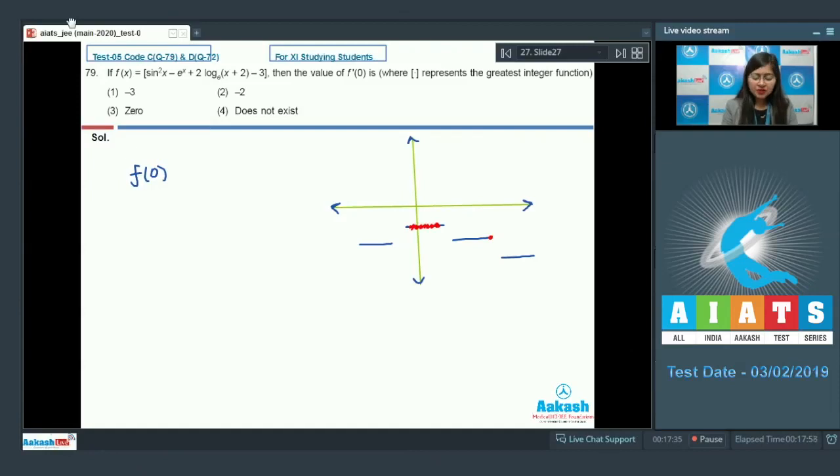And here in this question we can see that f of 0 is equal to f of 0 plus is equal to f of 0 minus, right? These three values are equal, so we can say that the point is lying somewhere like this. Hence we can say that the value of f dash 0 will be equal to 0, right? So the correct answer is option number 3.